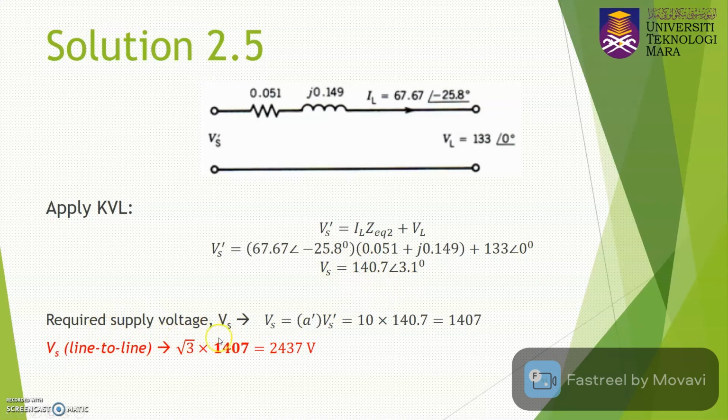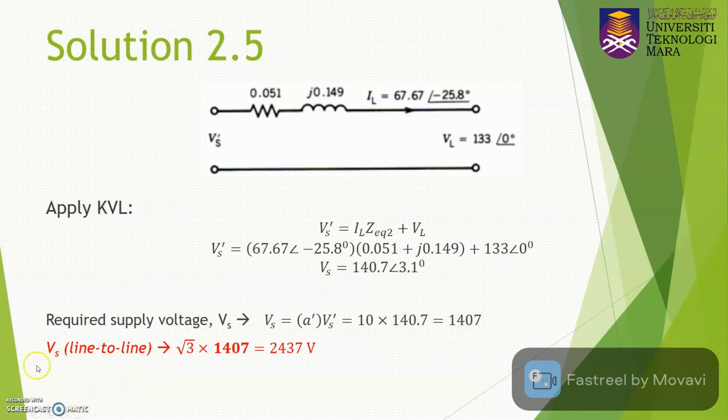The question asks for the required supply voltage Vs. Based on Vs prime, you can convert it to Vs using the formula: Vs is equal to A prime multiplied with Vs prime. In this case, A prime is 10, so 140.7 multiplied with 10 is equal to 1407 volt.